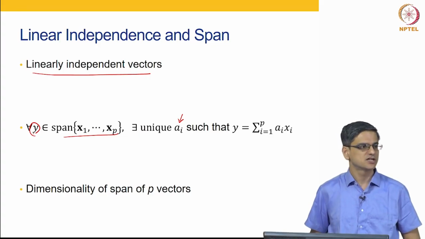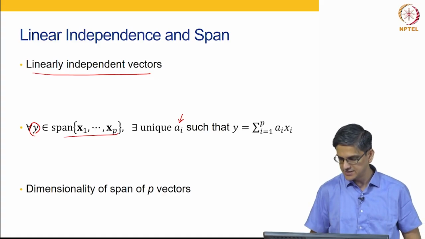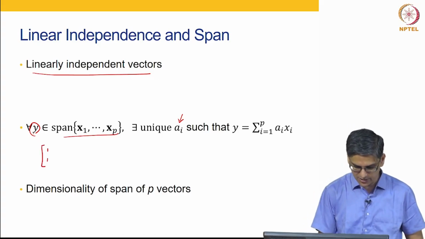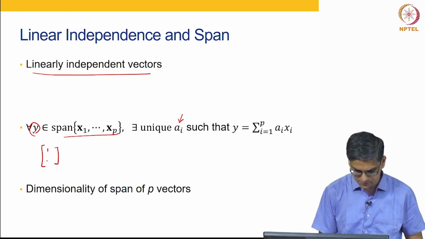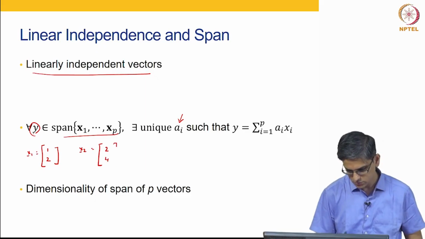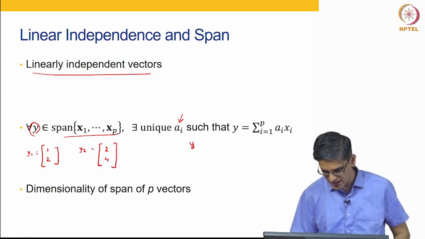If these vectors are not linearly independent, then these coefficients are not unique. What that means is, if you have 1 1, sorry, the example was 1 2, okay. Let us say the other vector was 1 minus 1.